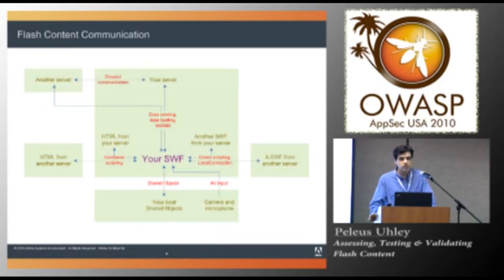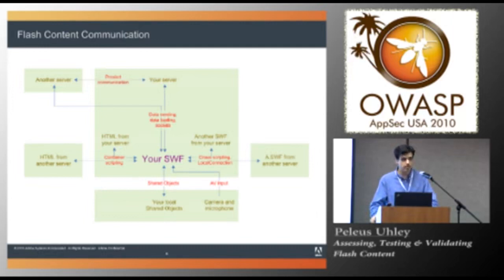When you look at Flash, Flash is able to interact in a lot of different ways with both the web application and the end user. So there's a lot of different communication paths that Flash can take. It can talk to HTML on its own server. It can talk to a CGI on another server. One SWF can load another SWF as a child.